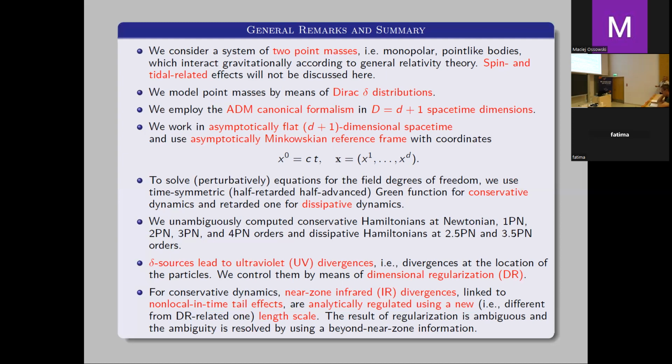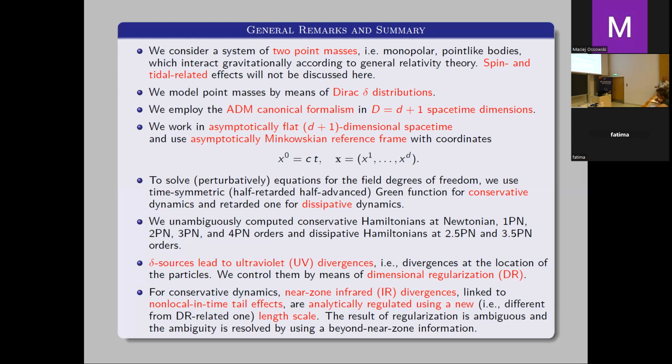And we use an asymptotically Minkowskian reference frame, or almost Cartesian reference frame, different names can be used. So we have the time coordinate and space coordinates.